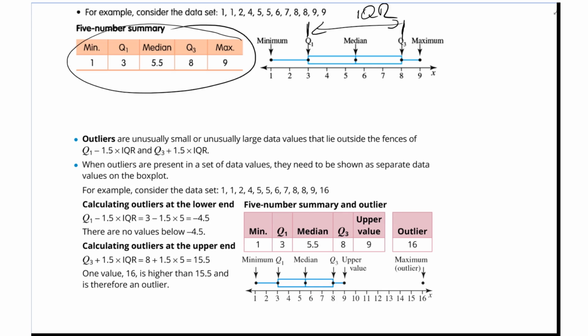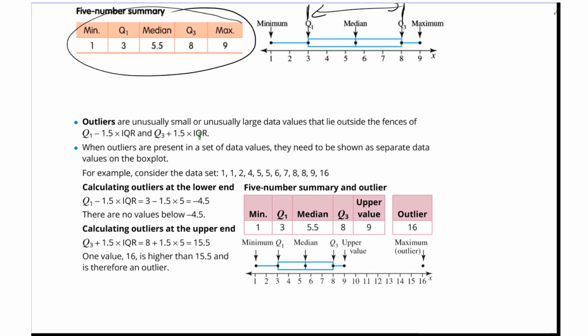How do we check that? Well, we look at our data and find what our IQR is. We need our IQR to do this bit. If we want to find the lower part, we go Q1, or whatever your value is, and subtract 1.5 times our IQR. The IQR in this case is 5. So Q1, 3 minus 1.5 times 5, which is 7.5.